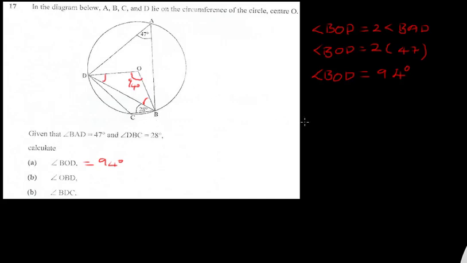So to find those angles, we would say 180 degrees minus 94 degrees, which gives us 86. So we have 86 degrees. So OBD is simply equal to half of 86 degrees, which gives us 43.